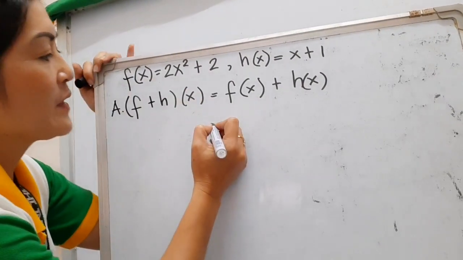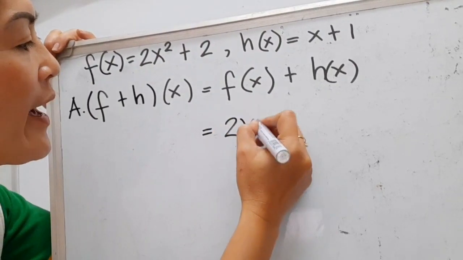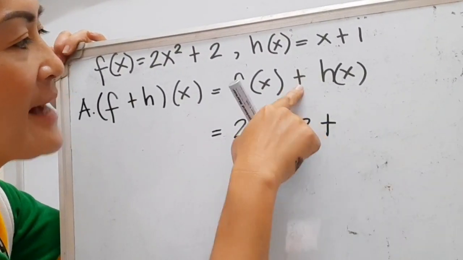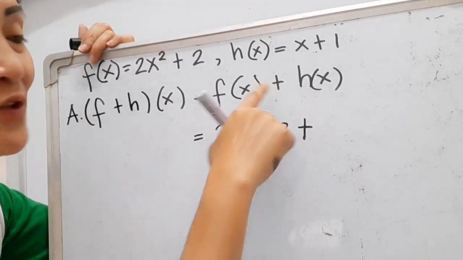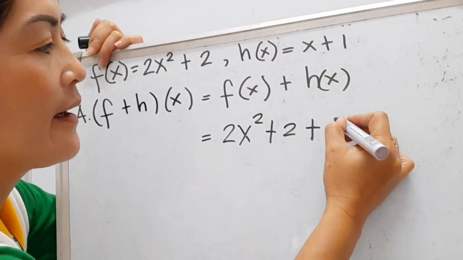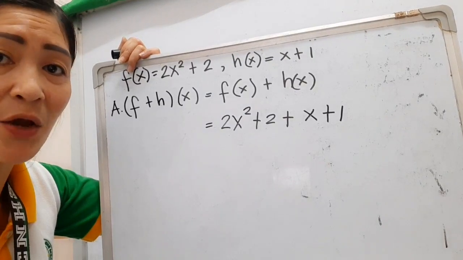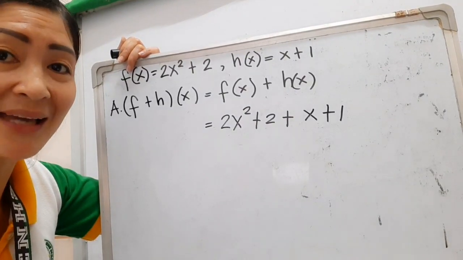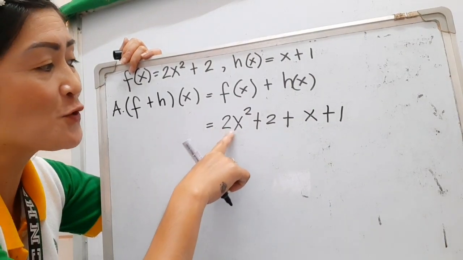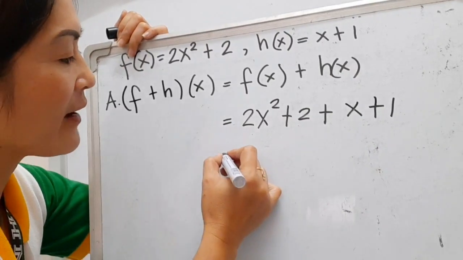Right. So the value now of f of x is equal to 2x squared plus 2 plus, copy this one because we are adding two functions, our h of x, the value is x plus 1. What shall we do next? We are going to combine like terms. Since there are no other terms that are alike to 2x squared and also x, we will just simply copy them back.